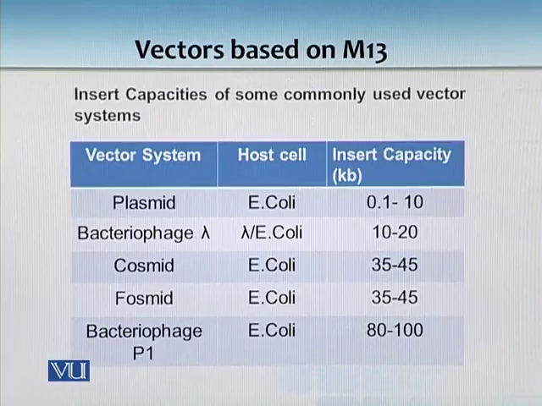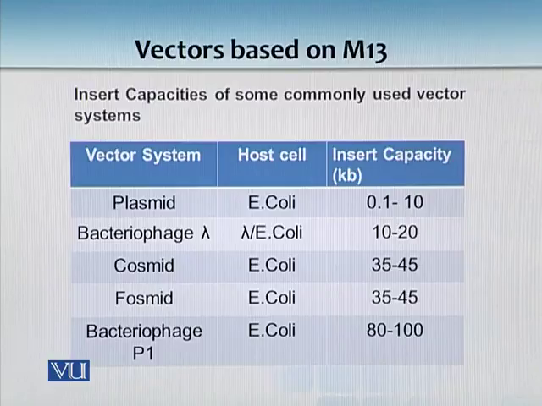Now let's talk about some insert capacities. So we know that plasmids, the normal plasmids which we use in E. coli, would like to carry from 0.1 to 10 kilobase pairs. Bacteriophage lambda can do 10 to 20. Cosmids can do 35 to 45. We'll discuss cosmids later.